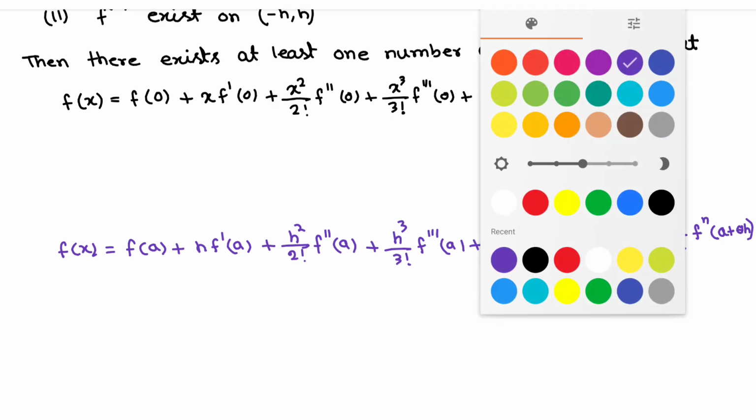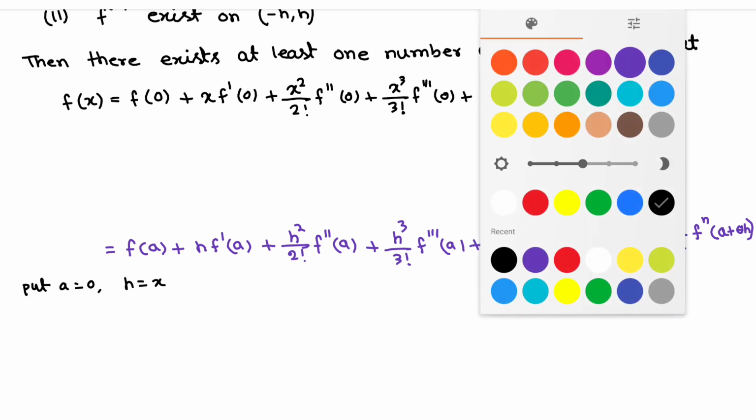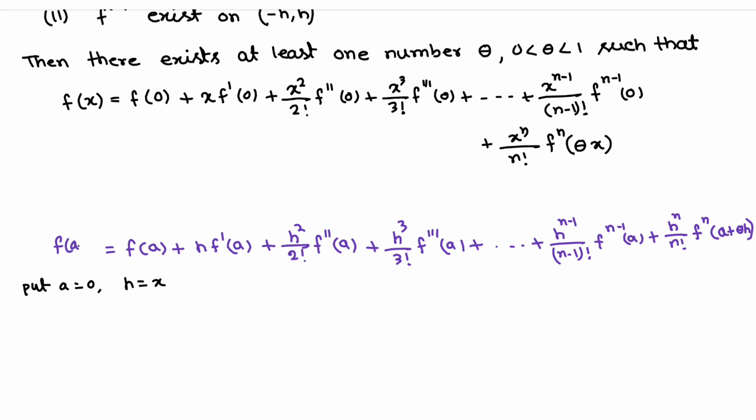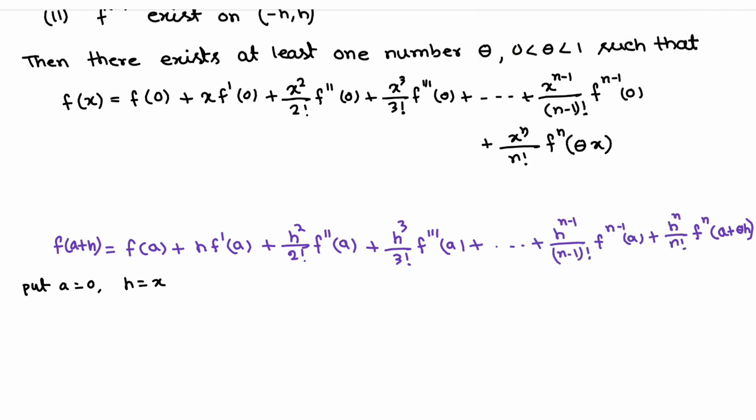Now just put a equals 0 and h equals x. So sorry, this was f of a plus h. Okay. Now what you have to put, a equals 0 and h equals x.